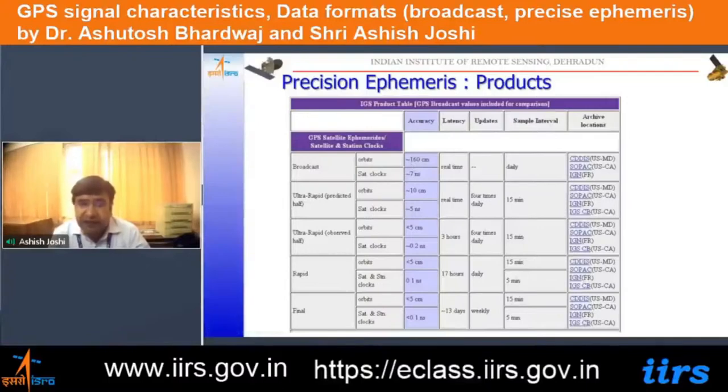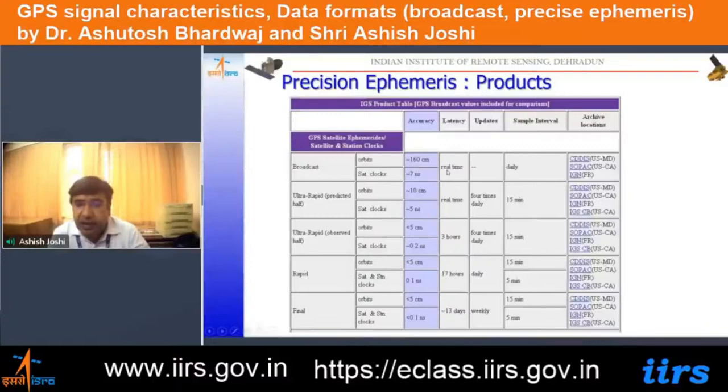After that, 4 times daily we have orbits of 10 centimeter, and after 3 hours, 4 times daily, we have up to 5 centimeter accuracy, which is called the ultra rapid. Rapid is around 5 centimeter, and the final we have less than 5 centimeter, and satellite clock accuracy is also up to the nanosecond.